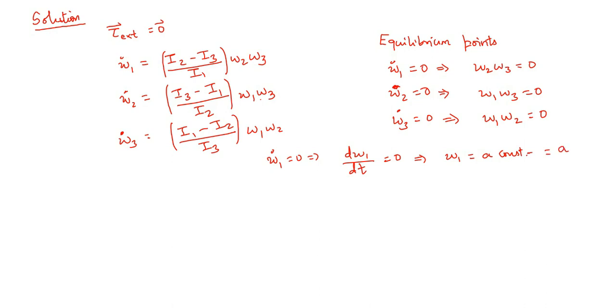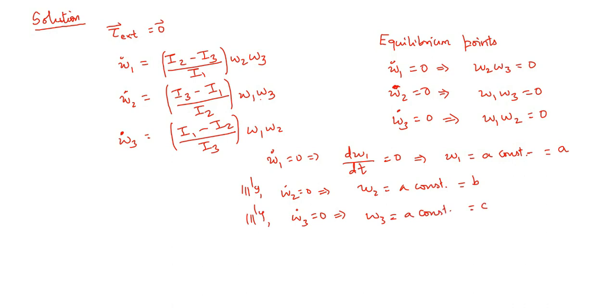Similarly, omega 2 dot equal to 0 implies omega 2 is also a constant; let us call that b. In the same manner, omega 3 dot equal to 0 implies omega 3 is also a constant of motion, which I am going to call c.